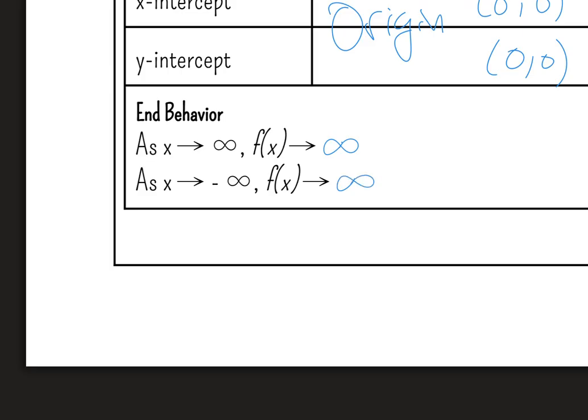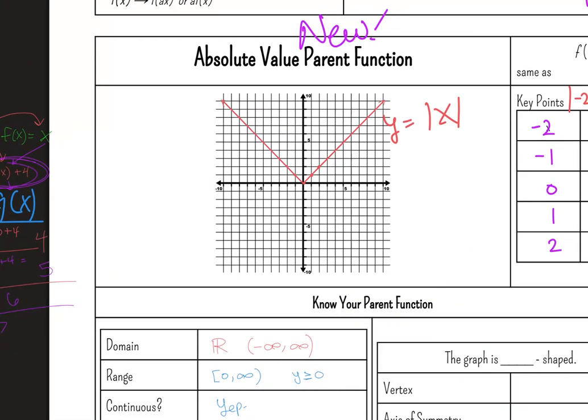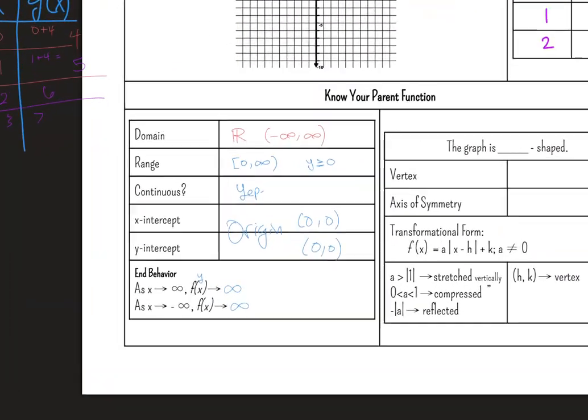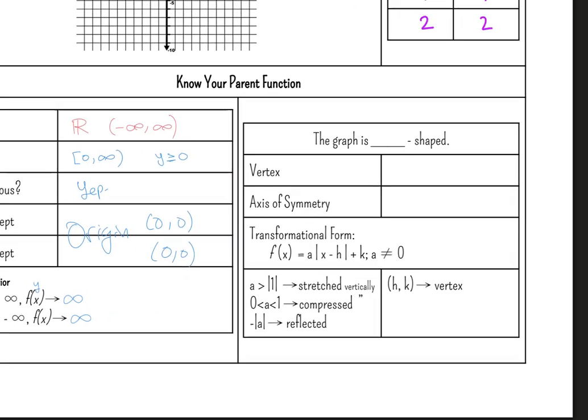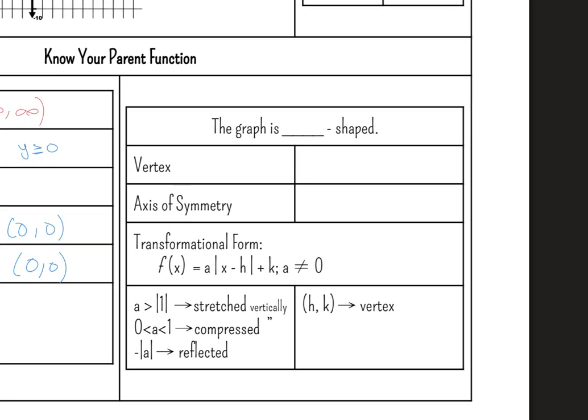As x is approaching infinity, the y, or the f of x, is approaching infinity for both. So as we're going this way, looks like it's going up forever, right? I'm pretty sure if I just left you alone, you could have figured these out by yourself, right? And you still probably could. The graph is V-shaped. And again, you probably could have figured that out.